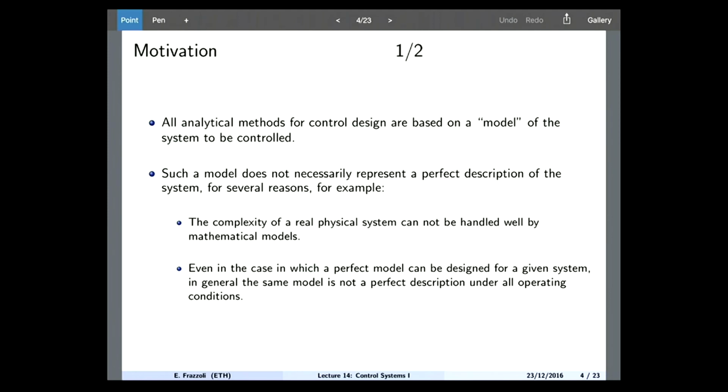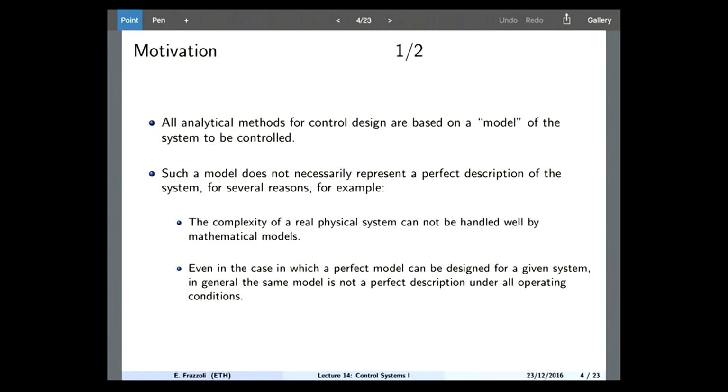Actually, I was having a discussion with one of you before that apparently the model proposed in the exercise notes may not be a good model for the seesaw. But this is true in general. Whatever model you write for anything is not reality. The only model for reality is reality. That's the only accurate one.